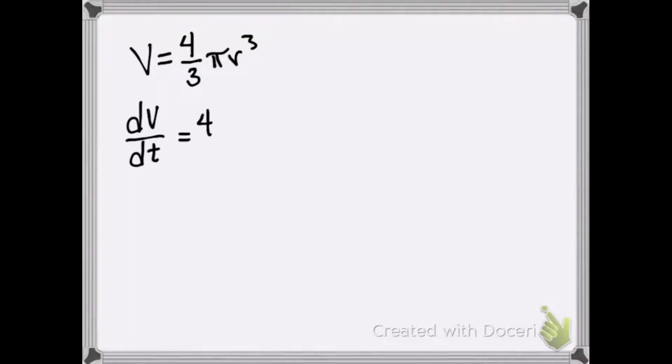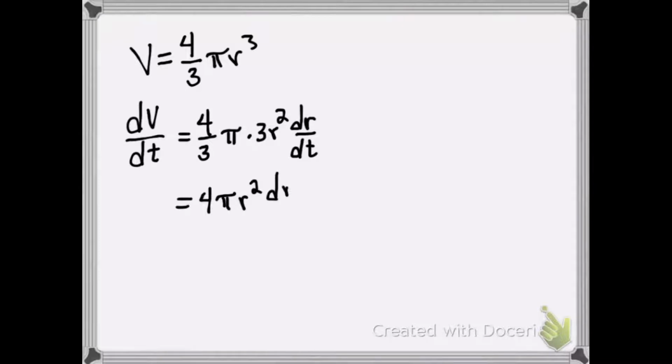So we have 4/3 pi multiplied by the derivative of r cubed, which is 3r squared times dr/dt. Simplifying, the 3's cancel, so we get 4 pi r squared times dr/dt, and that's equal to dV/dt.